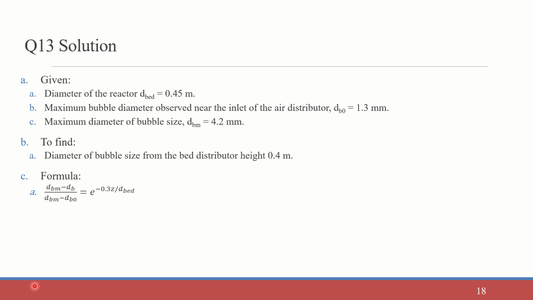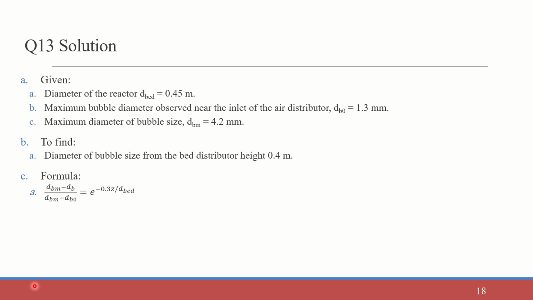So if you see, dB will be greater than dB naught. From the formula itself we can say that, because of e to the power of minus 0.3 Z by D bed. Z is the height at which we need to find the diameter of the bubble, and D bed is the diameter of the bed.